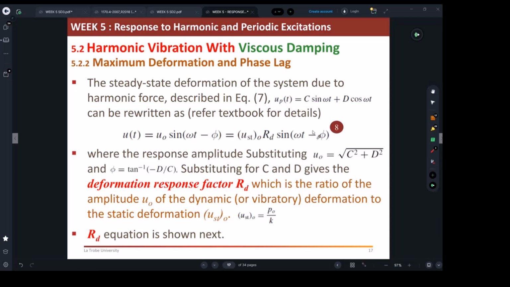So from solving this side of the equation of motion when we involve harmonic motion and also damping, we get such an answer. You can see the damping is not in the equation now because it was with the transient side of the equation. Equation 8 is the key equation we're going to be using today and next week as well.